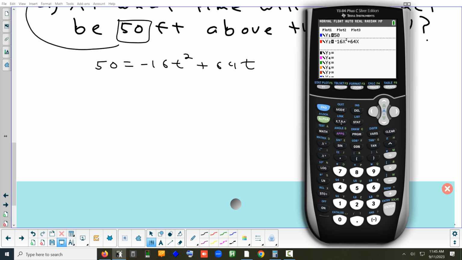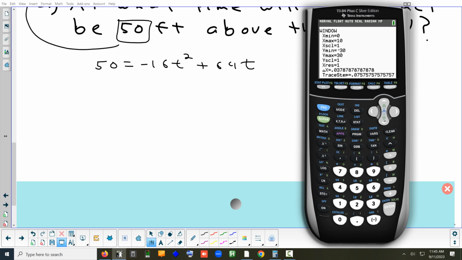Now, before we graph it, we have to check the window. X represents time. What's the smallest amount of time that could go by? 0. 0 would be the smallest number of seconds that have gone by. You can't have negative. The maximum amount of time we don't know. That's how long it's in the air for.